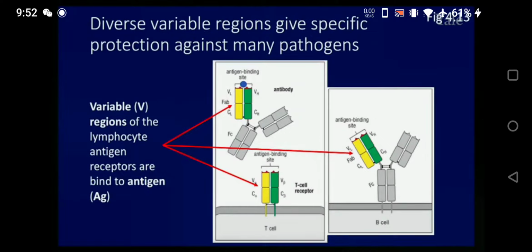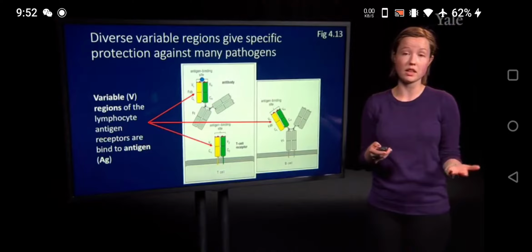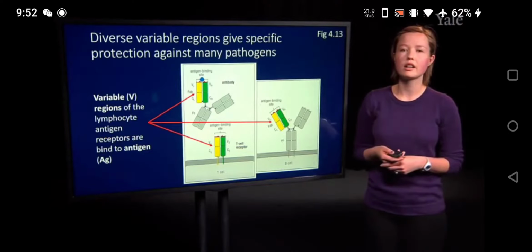And they're variable because they provide different specificities. So because they're so diverse, and this is what will be different between different B and T cell receptors on different B and T cells, this is why it is referred to as the variable region.